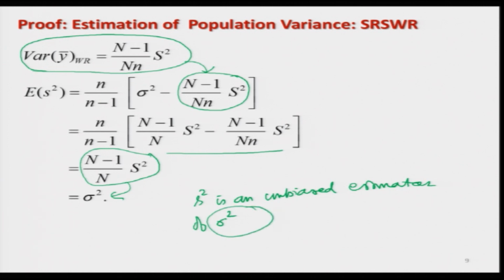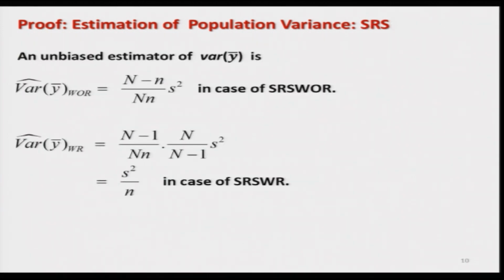I can compute the quantity small s square from the given sample of data, and that will reflect the value of sigma square in the population. So you can see the variance of y bar under WOR can be estimated by this quantity, and the variance of y bar under WR can be estimated by this quantity.